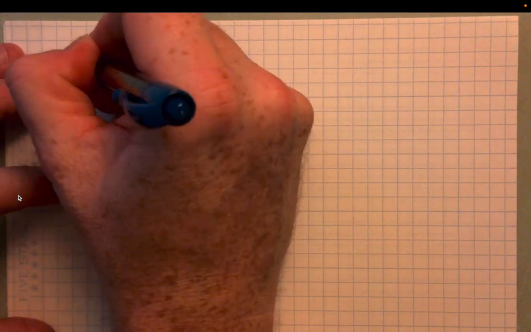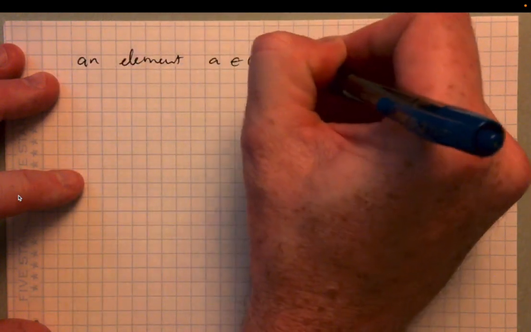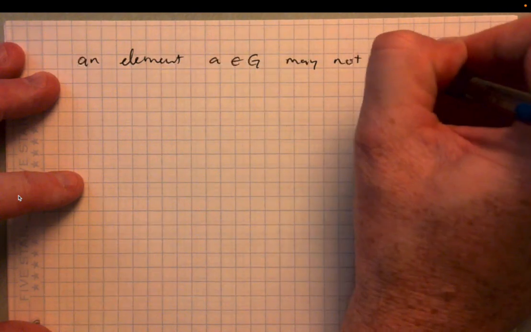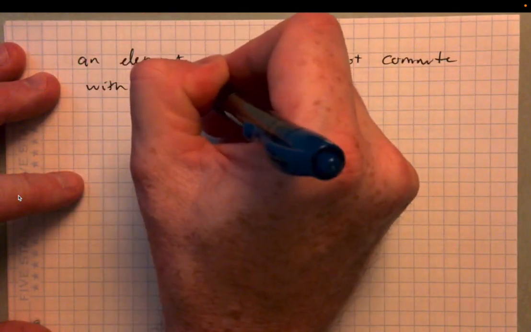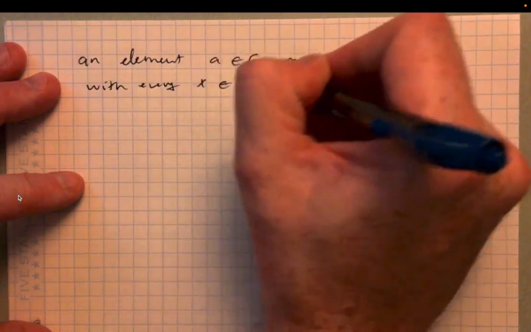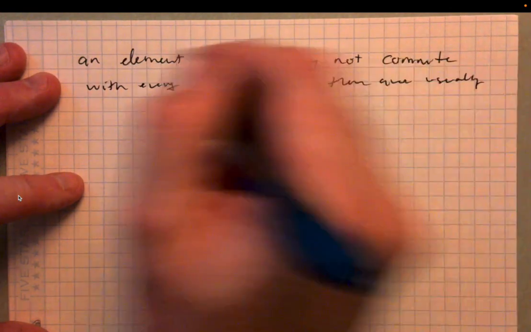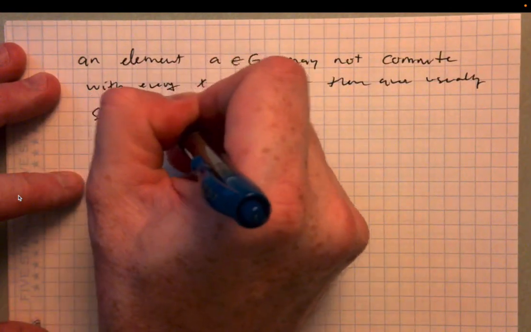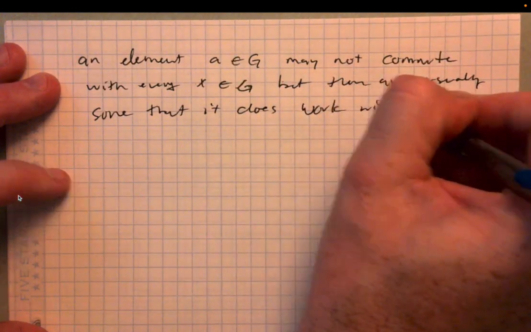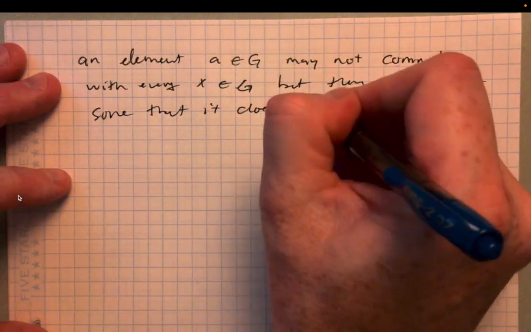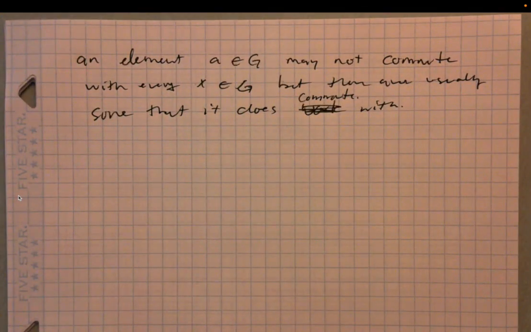So an element A in G may not commute with every X in G, but there are usually some that it does work with. That is, I should use the word commute with. And this is the idea behind the centralizer.